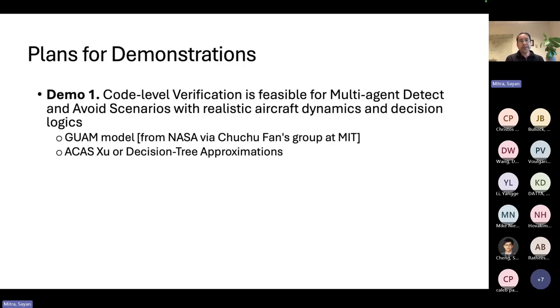And this is going to be really about demonstrating the core capabilities of Verse in performing code level verification for large and complex scenarios for multi-agent systems. And what we are going to do is we are going to have 2 or more agents with realistic aircraft dynamics and running a realistic collision avoidance protocol.